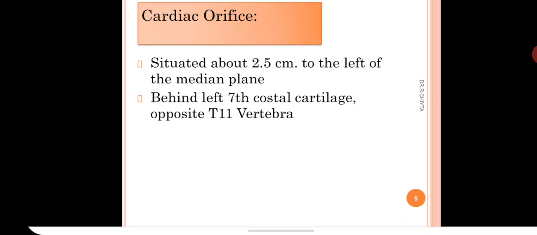Cardiac orifice is situated about 2.5 cm to the left of the median plane, exactly behind the left 7th costal cartilage, opposite to the T11 vertebra. It is just about 10 cm deep to the anterior abdominal wall and 40 cm away from the incisor teeth.